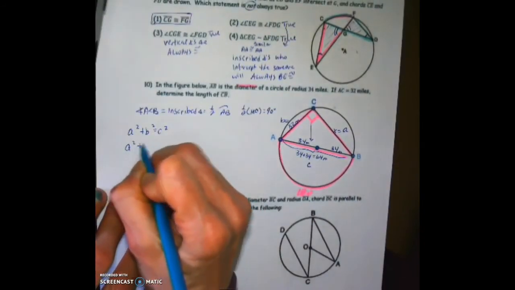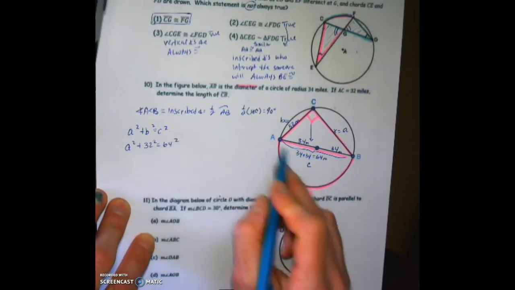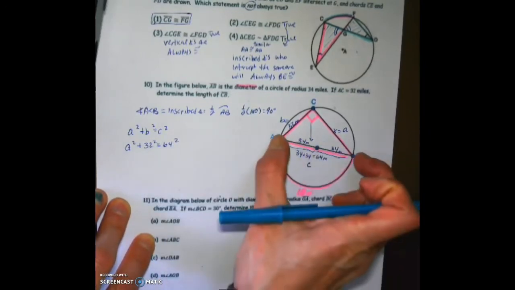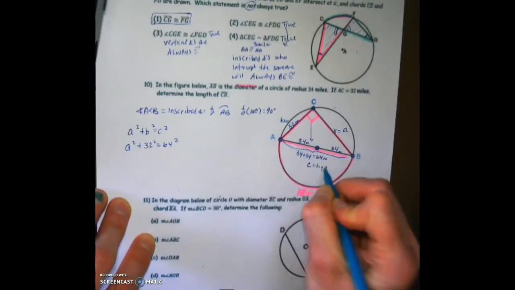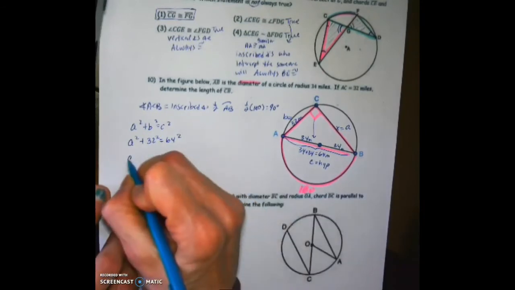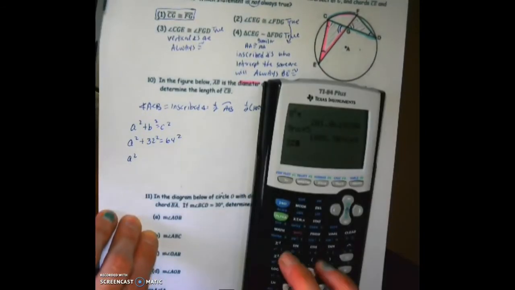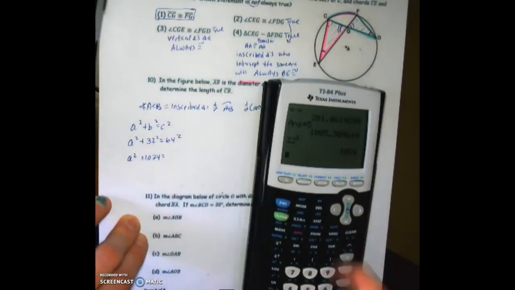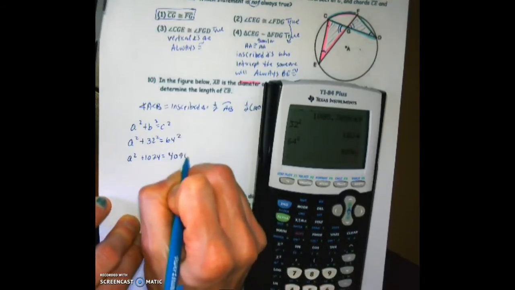So A squared plus 32 squared equals 64 squared, right? The length of AB. So the two radii added together give us the diameter, which also gives us the hypotenuse of this triangle. Fantastic. Okay, so we have 32 squared, and that gives us 1,024, and 64 squared is 4,096.